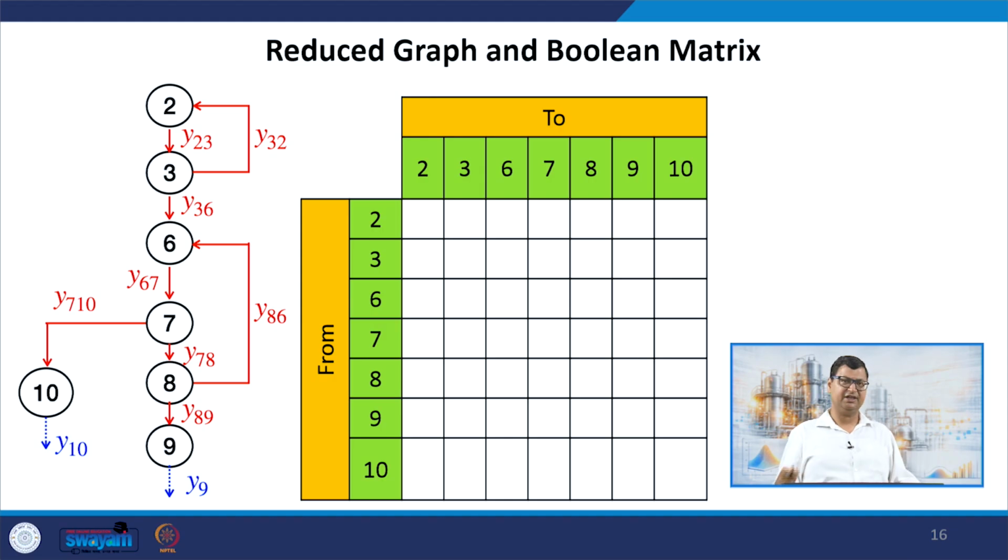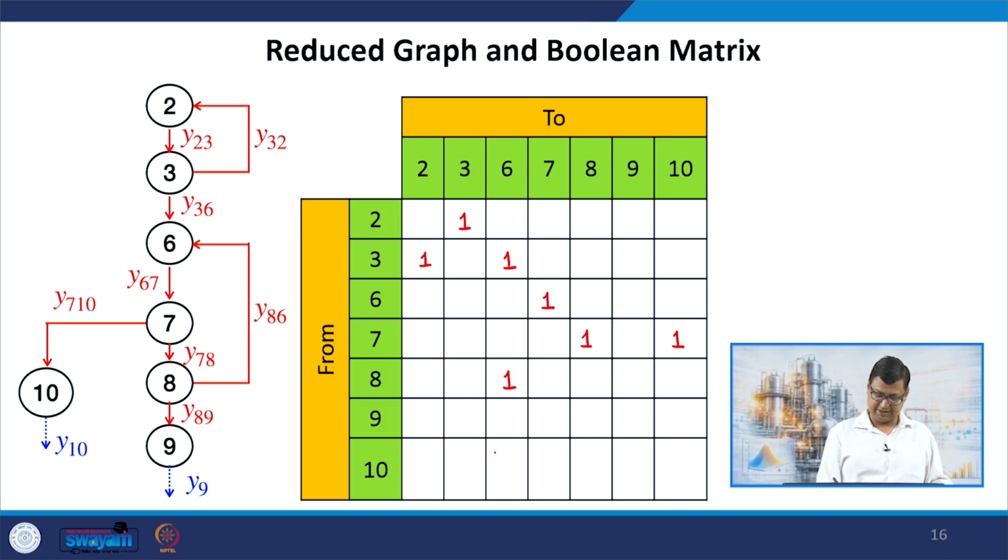Let me again populate the R matrix for this case. From 2 I can go to 3, from 3 I can go to 2 and 6, from 6 I can go to 7, from 7 I can go to 8 and 10, from 8 I can go to 6 and 9, and from 9 and 10 I cannot go anywhere.